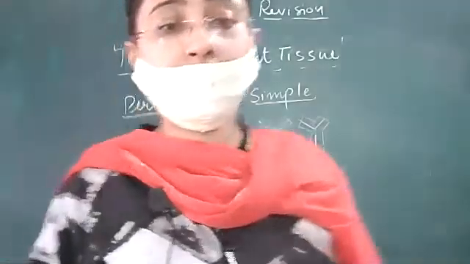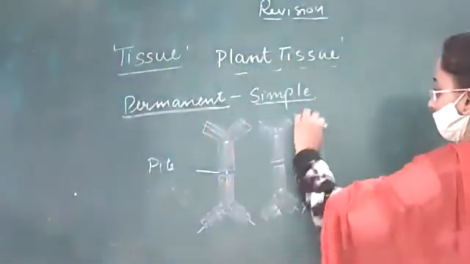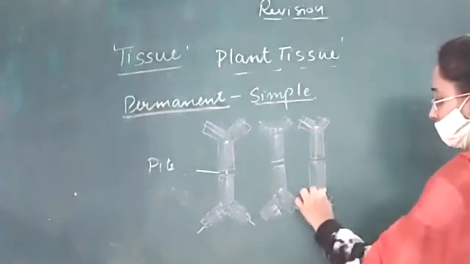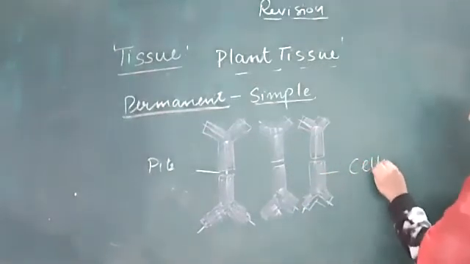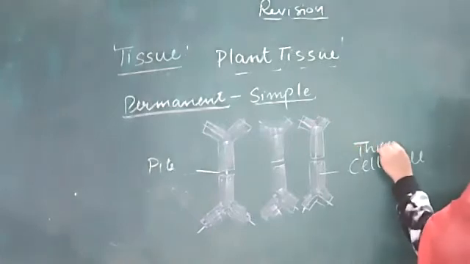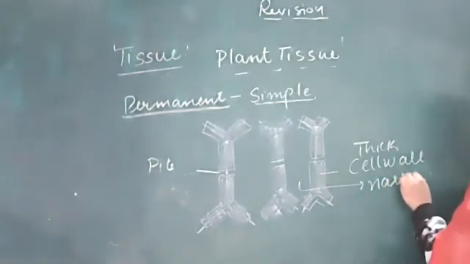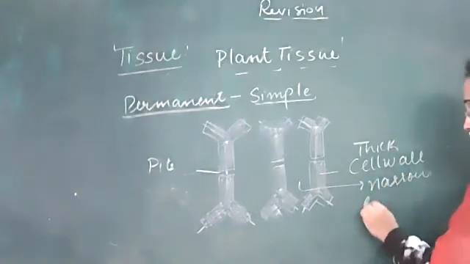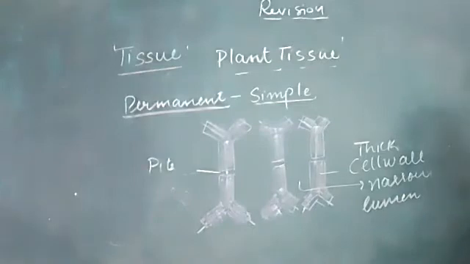And the cell wall is thick because of deposition of lignin. Thus the lumen is narrow. There is a thick cell wall, narrow lumen.